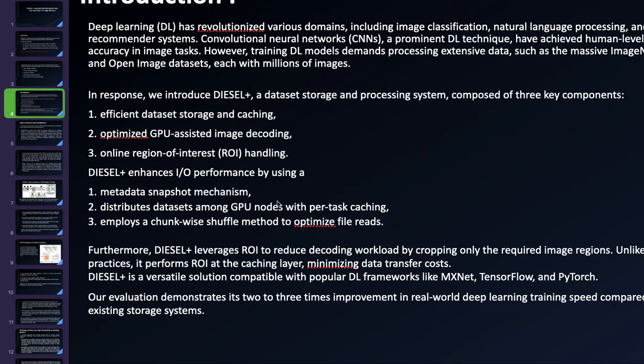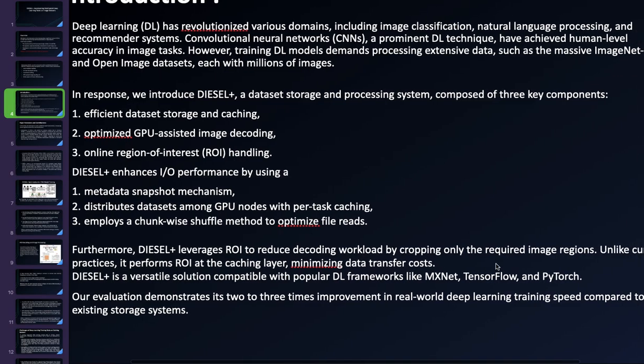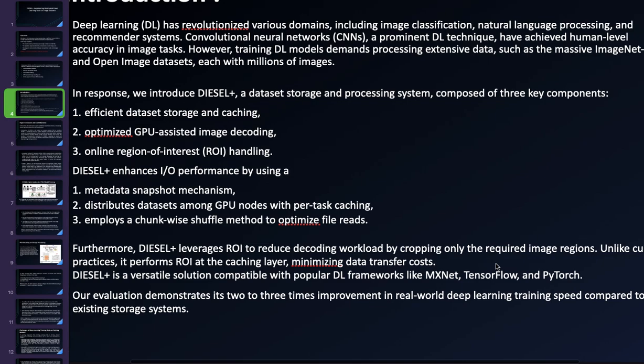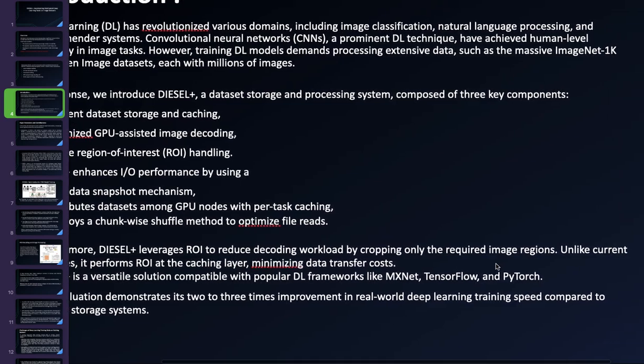Further, Diesel Plus leverages ROI, region of interest, to reduce decoding workload by cropping only the required image regions.